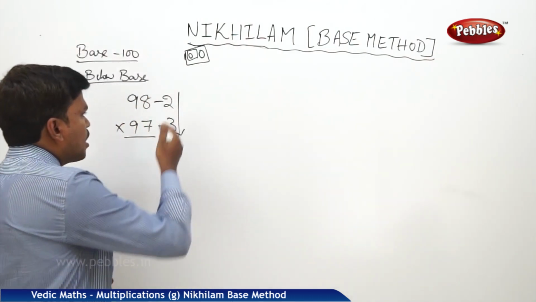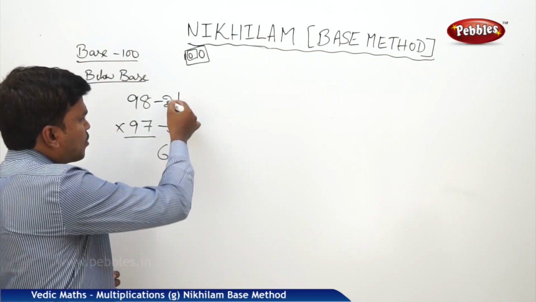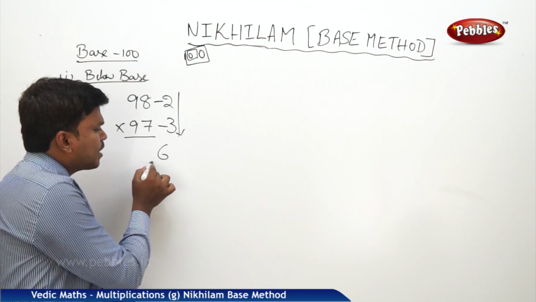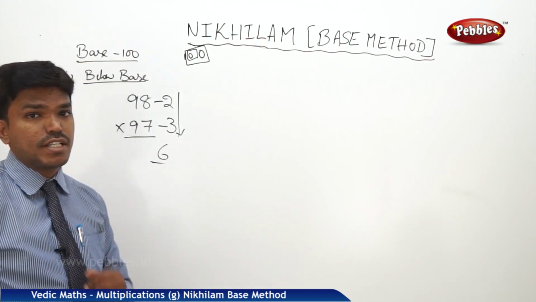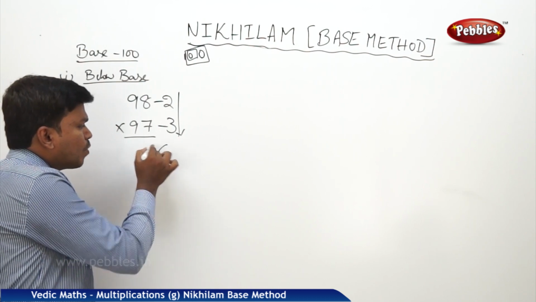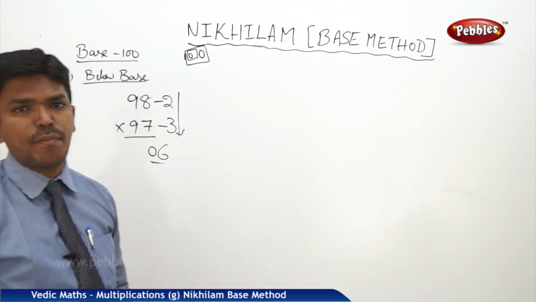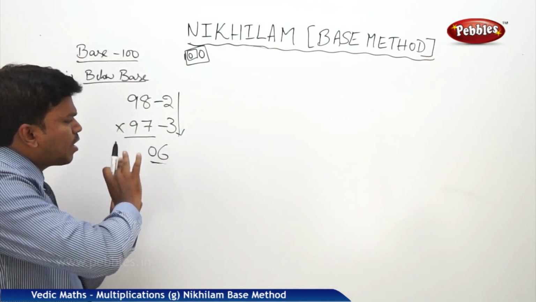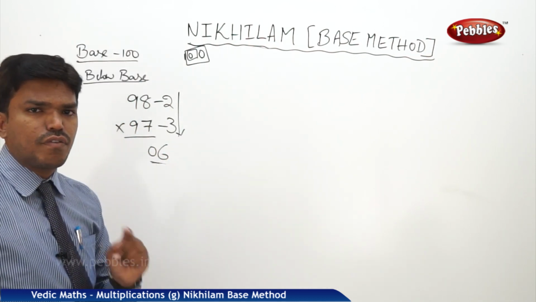Now, minus into minus is plus, 2 3s are 6. But I said there should be 2 digits here. That means one more digit is blank. Now I need to put 0 to cover that 2 digit place. Yes or no? Now the right side part of the answer consists of 2 digits.